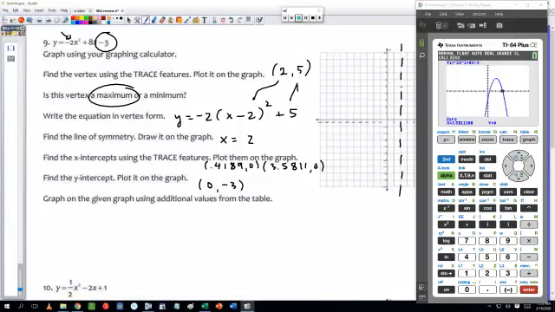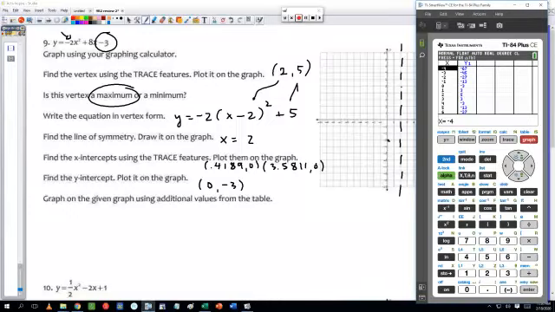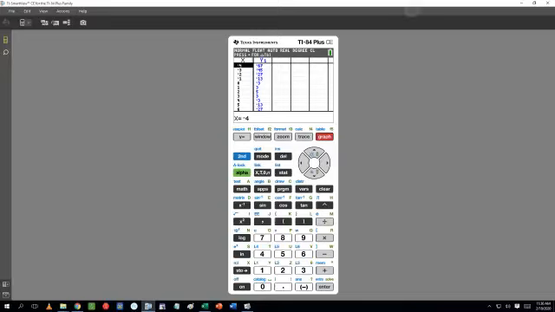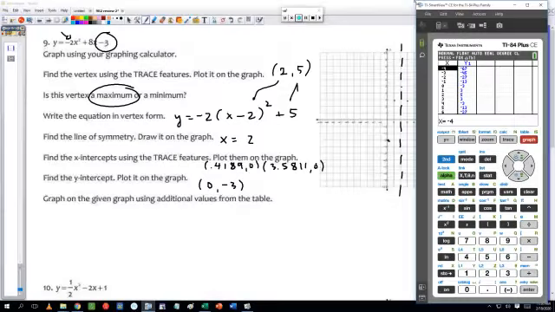Okay, so I can plot that right there. Go to my table, find a few values. Let's see, 2 with 5, I've got it. 1 with 3. 3 with 3. And I can do that negative 3 somewhere else at 4. Oop. What did I do?